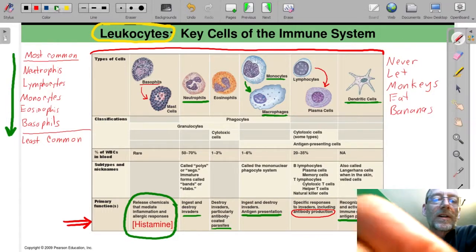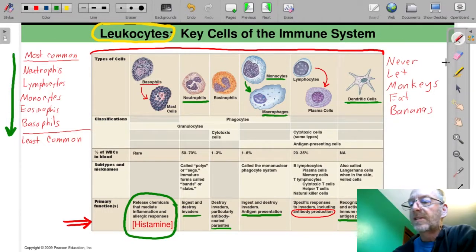And again, from most common to least common. So the N for neutrophils, lymphocytes, monocytes, eosinophils, and basophils, if that helps.